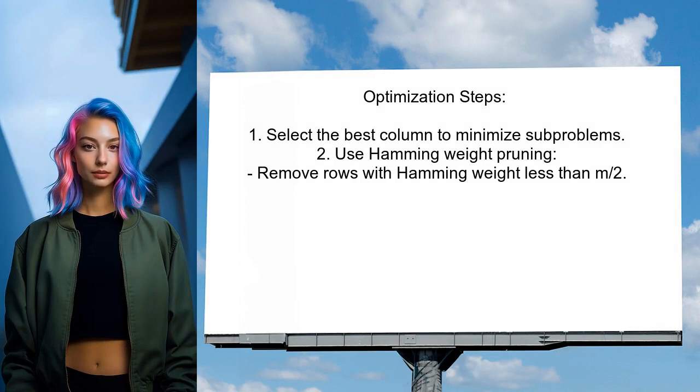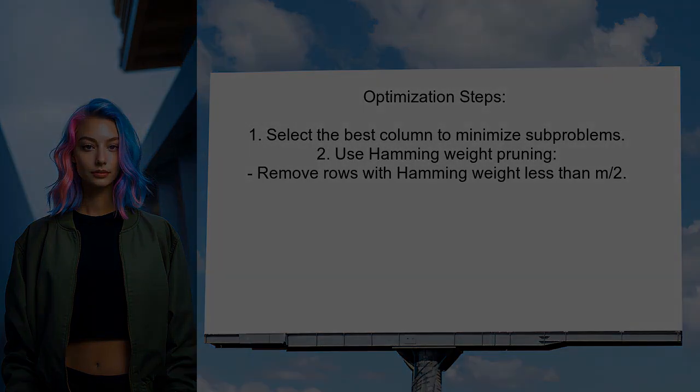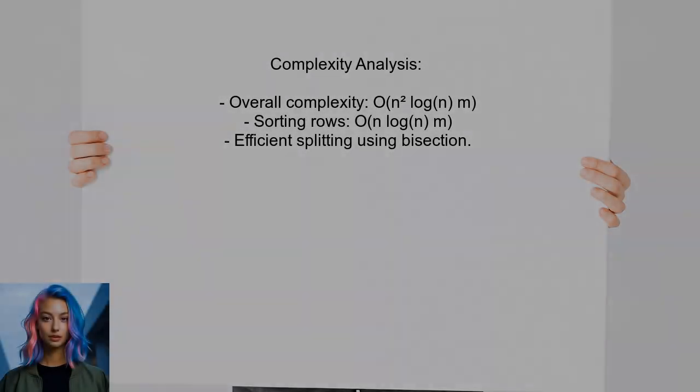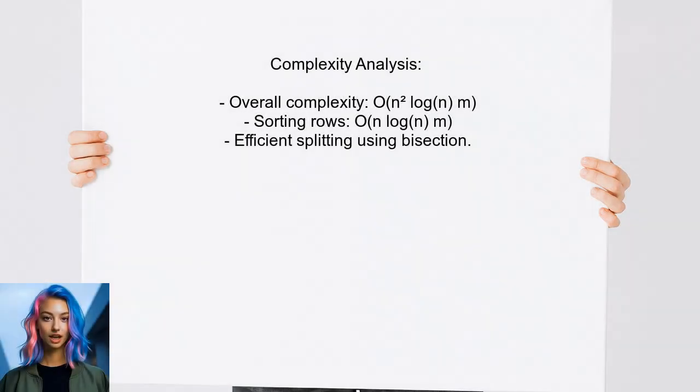This can be done by calculating the number of zeros in each column beforehand. Additionally, they recommend using Hamming weight pruning to eliminate rows that won't contribute to the OR result. Finally, sorting the rows can speed up the splitting process using a bisection algorithm. The overall complexity of this method is estimated to be around O n squared log n times m, with potential for better average case performance.